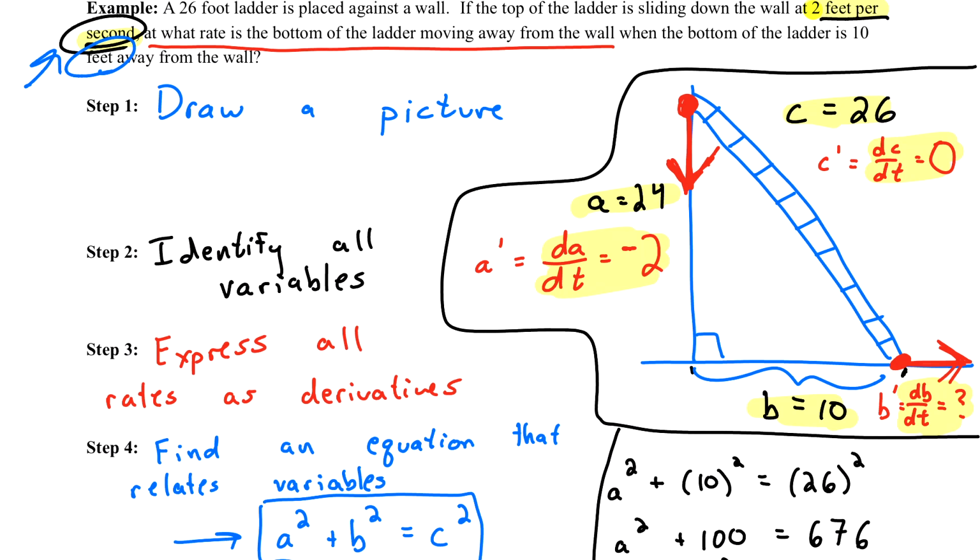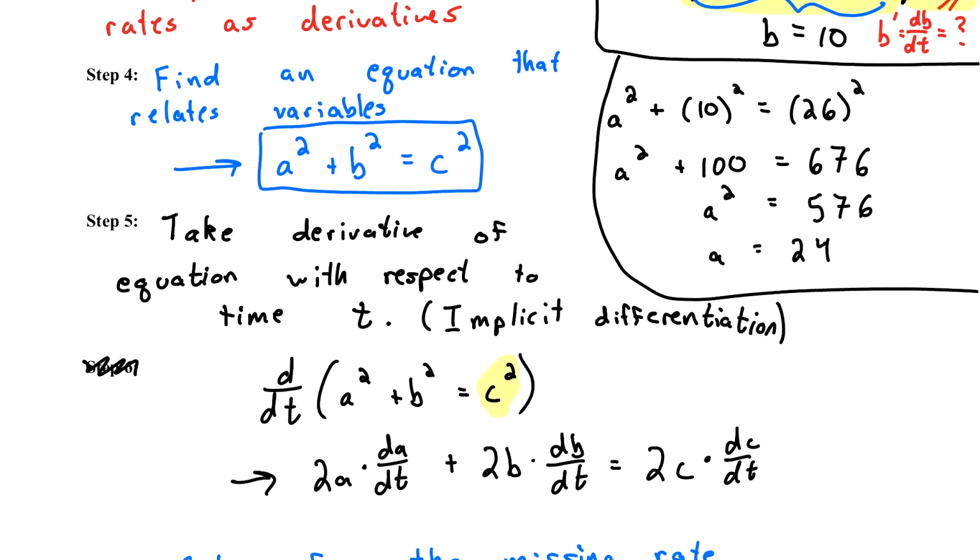Remember, let me erase some of this highlighting so it's easier to see, we said earlier that this side was going to be moving to the right, which means that B, this side of my triangle, is going to get longer. So that matches up exactly with what we said would happen.